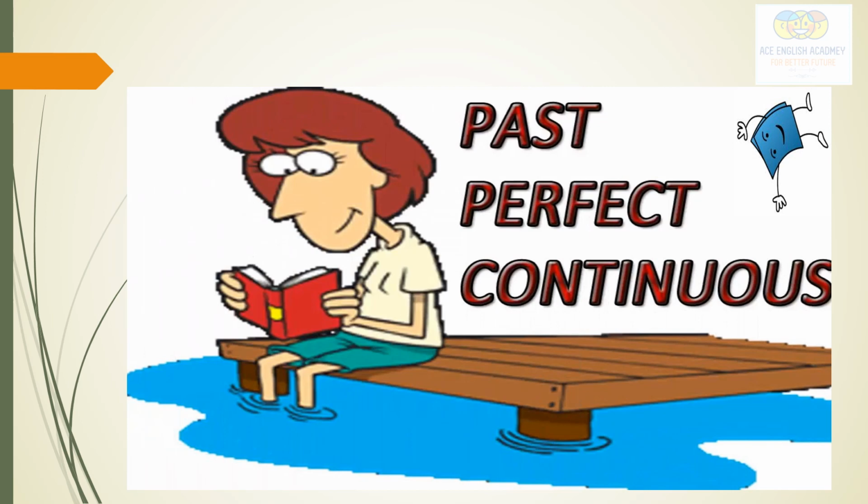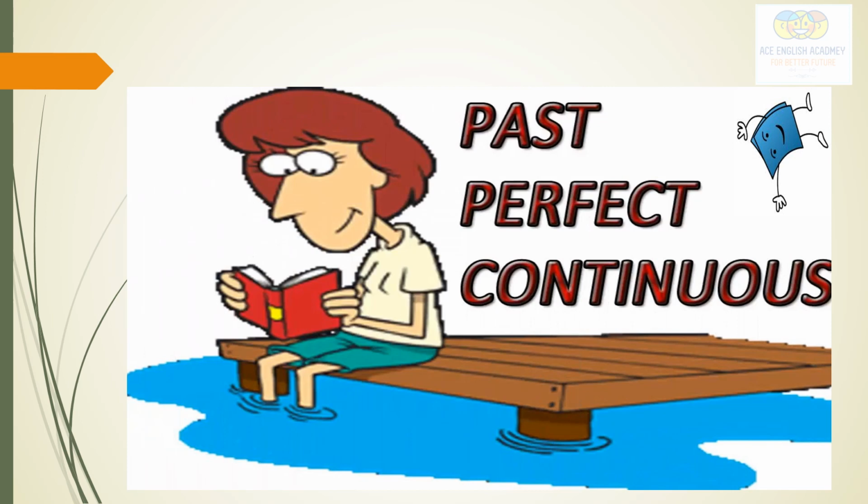So we can say the past perfect continuous tense is used to express a past action which started in the past and continued to happen after another action or time in the past. It tells how long the action had continued; the duration of the action is emphasized more.